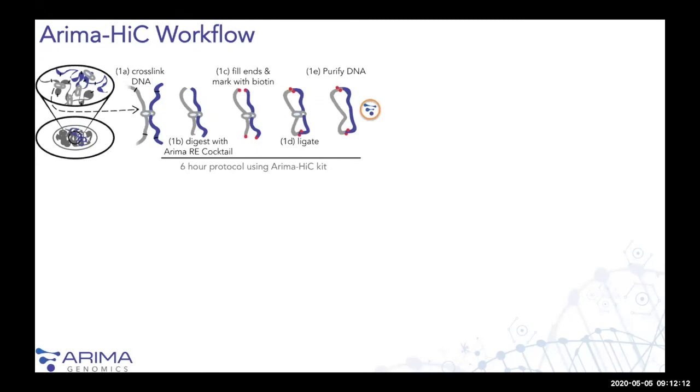Now, really to get into the nuts and bolts here of the workflow, if you're familiar with, let's say, ChIP-seq, Hi-C starts in a very similar fashion. You start with your fixed cellular input here, and then while the chromatin is held fixed there within the nucleus, there's really 3 key enzymatic steps that are carried out. First, we digest the chromatin with a cocktail of restriction enzymes. So what is depicted here is essentially 2 pieces of DNA when you're looking down on a cell that are not close along the linear genome, but they are held together in 3-dimensional space by this protein.